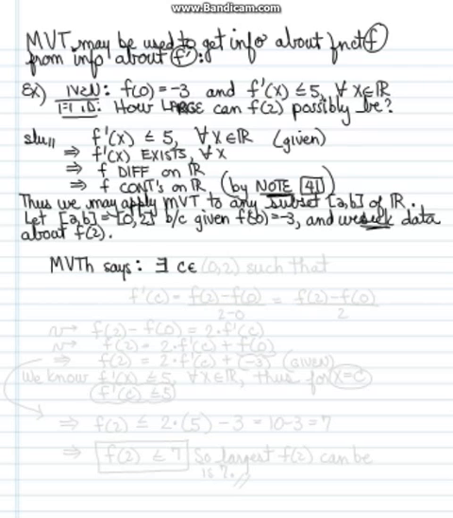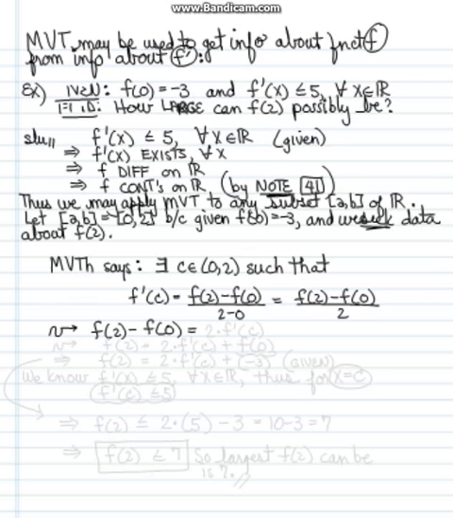Now, the mean value theorem says there's going to exist an x value named c, somewhere between 0 and 2, such that the derivative evaluated at that x value c is going to be equal to the difference quotient, f of 2 minus f of 0 over 2 minus 0. In other words, f of 2 minus f of 0 over 2. Well, move things around on that equation.